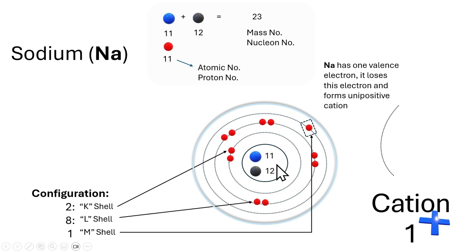So when we talk of sodium, I have written that sodium configuration is 2, 8 and 1. That is 2 in the innermost shell, then 8 outer, then 1 in the valence shell.